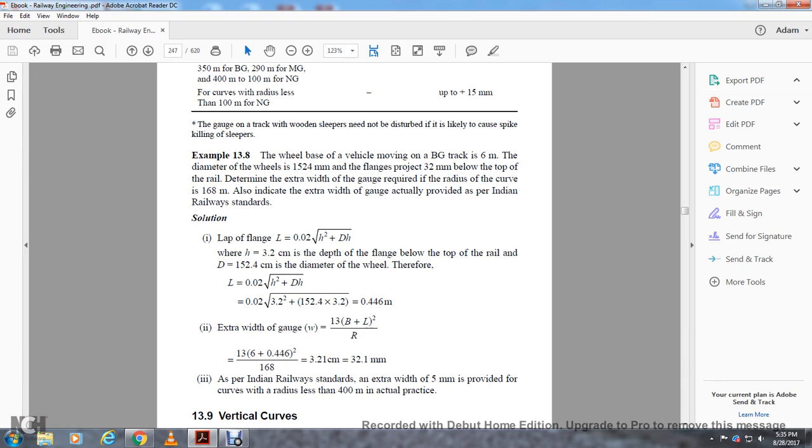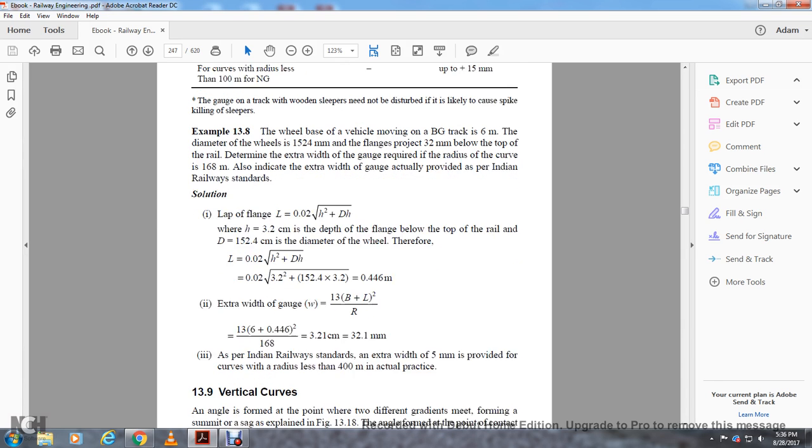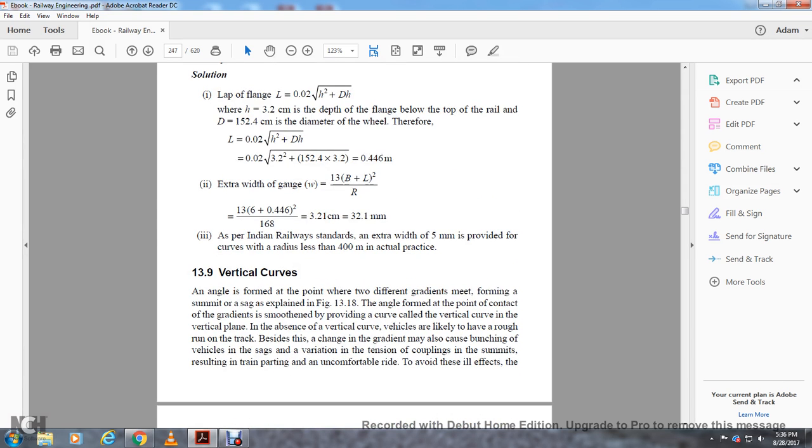Extra width of the gauge is W equals 13 times (B plus L) squared divided by R, or 32.1 millimeters. As per Indian Railway standards, an extra width of 5 millimeters is provided on curves of radius less than 400 meters. That is the actual practice.